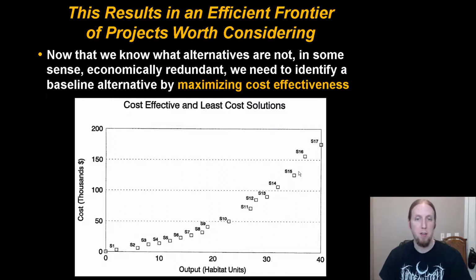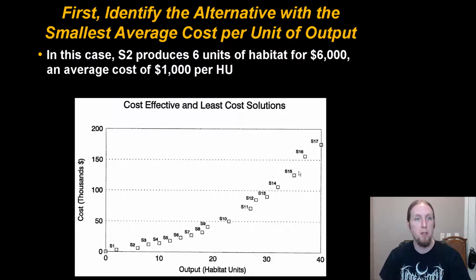Our cost effectiveness metric here is the number of habitat units produced per $1,000. In this case, we've got strategy 2 that produces 6 units of habitat for $6,000, an average cost of $1,000 per habitat unit. If we're maximizing cost effectiveness, that means we're minimizing the average cost per habitat unit, because that's just a reciprocal.